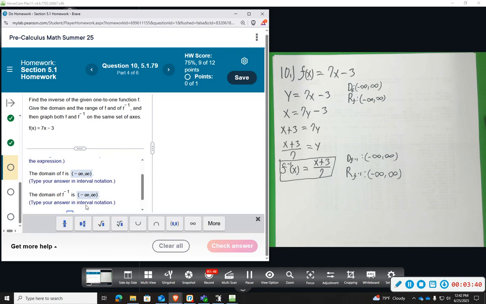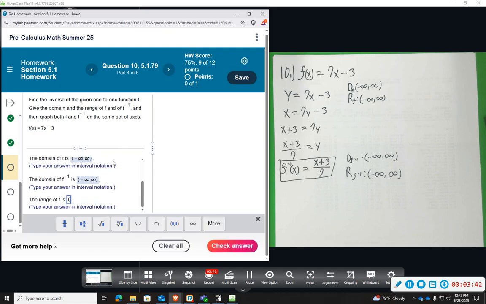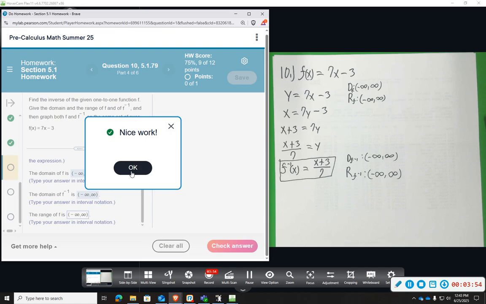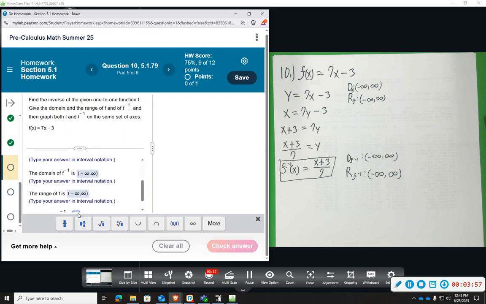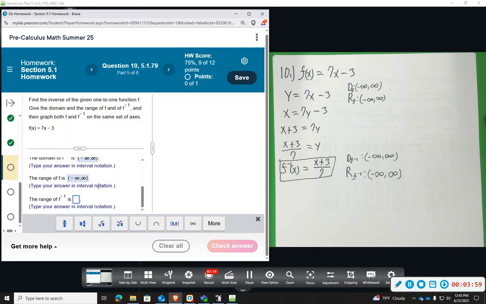The range of f is also negative to positive infinity. And then the range of f inverse is negative infinity to positive infinity. And I'm just doing /INF if you want to know those keyboard functions.